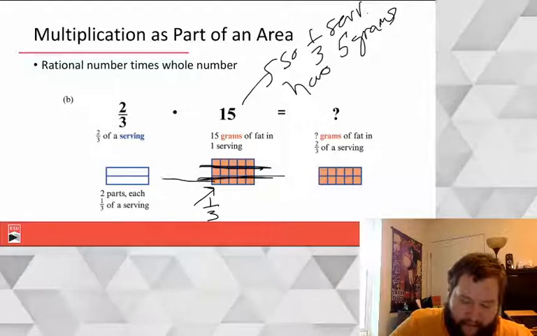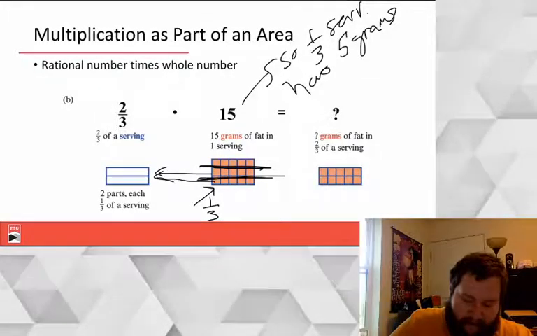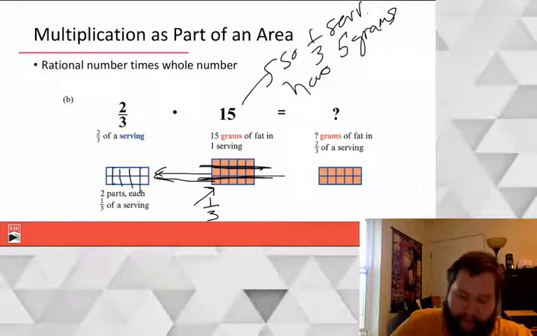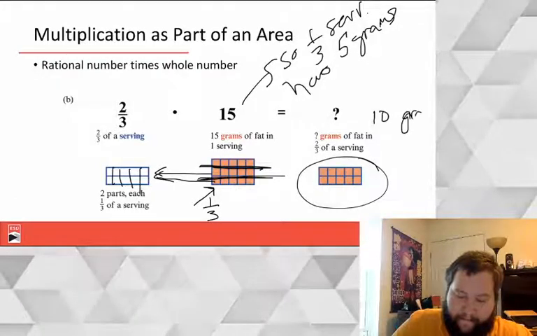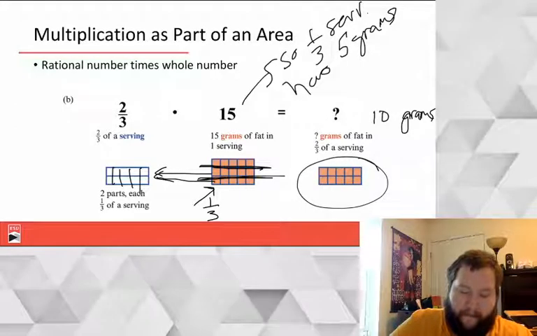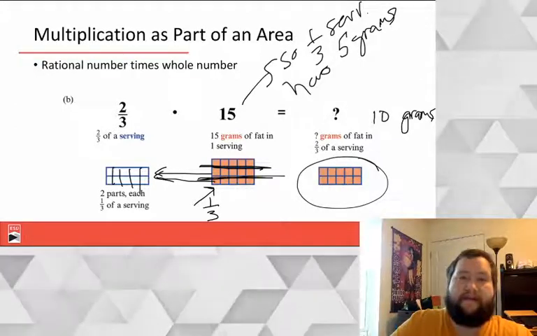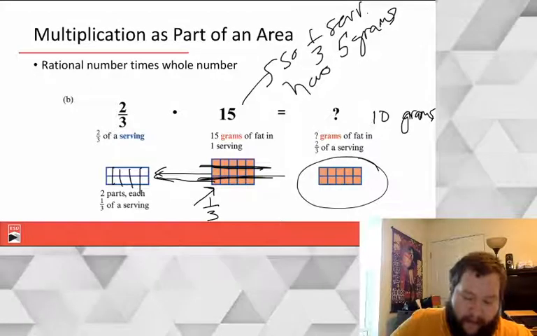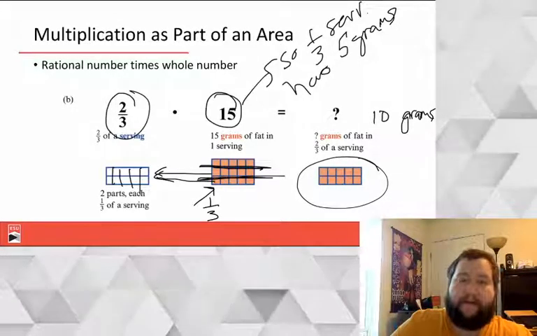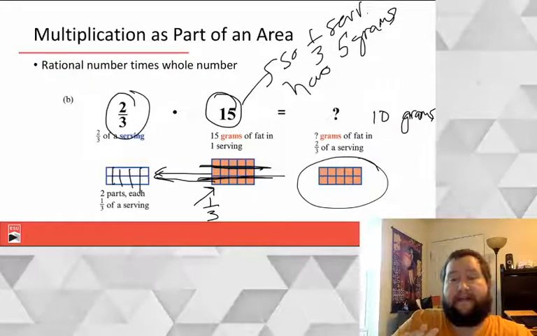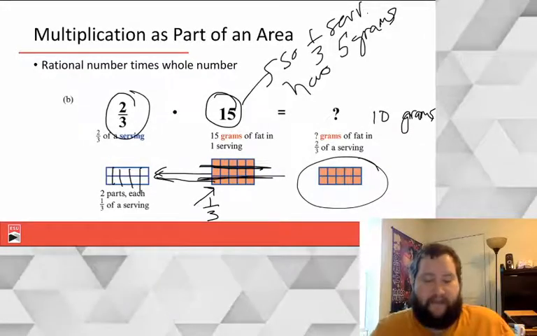And if we put 2 of those in there, we end up with 10 grams. So multiplication as part of an area doesn't work too badly when we have a fraction times a whole number. Notice how that's different than if I had 15 of something and each of them was 2/3.